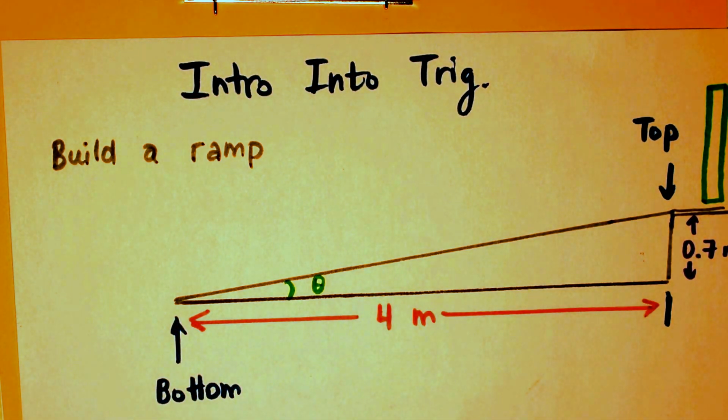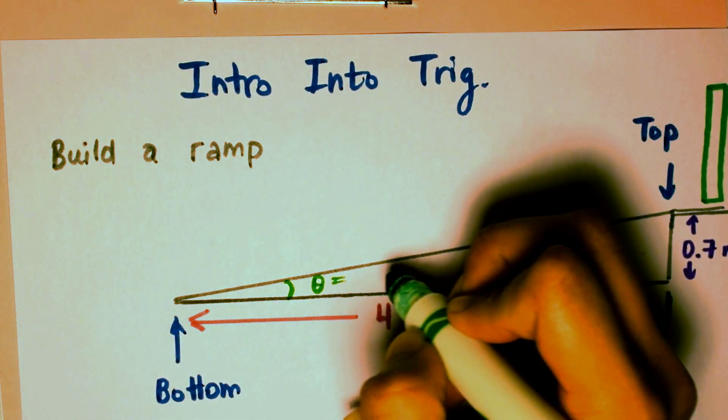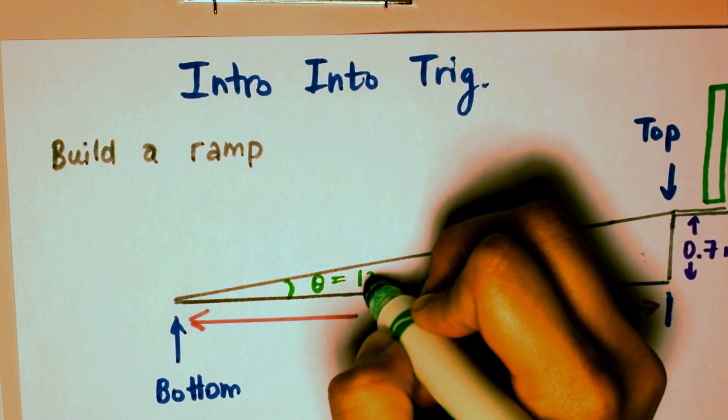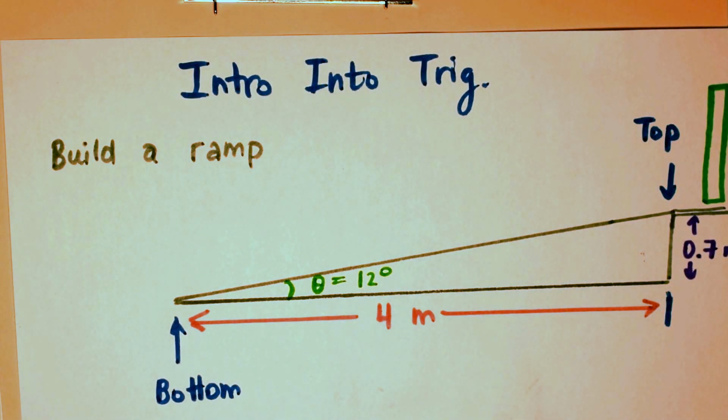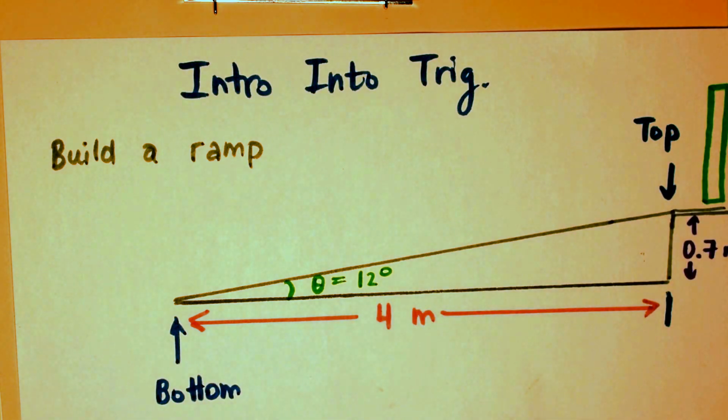So I don't want to confuse you guys. So I'm going to keep it consistent by using theta as the angle. What's a reasonable angle for a ramp? Maybe 12 degrees, okay? And so my question would be, what does my hypotenuse have to be?